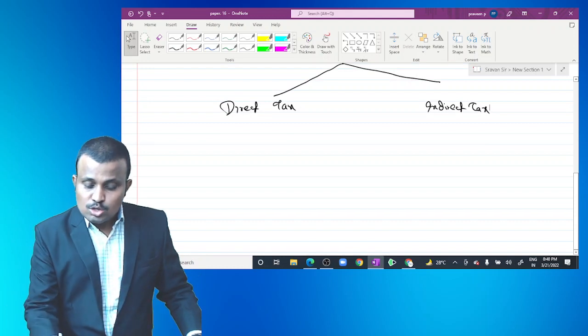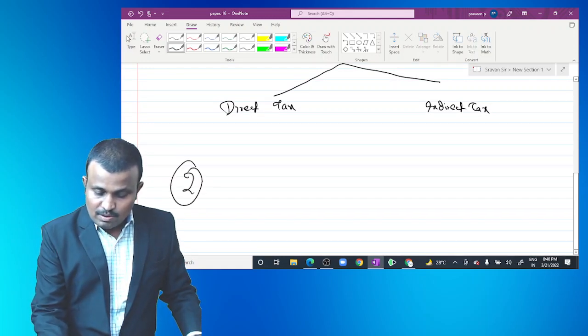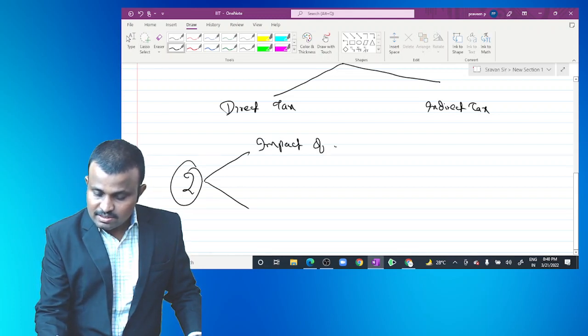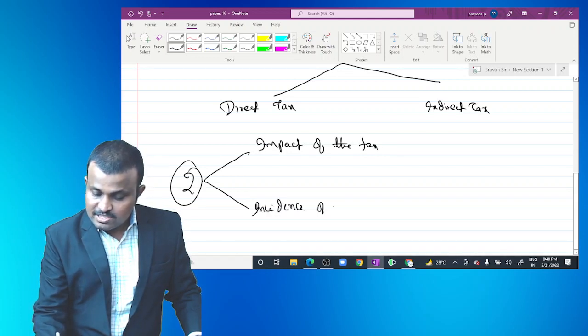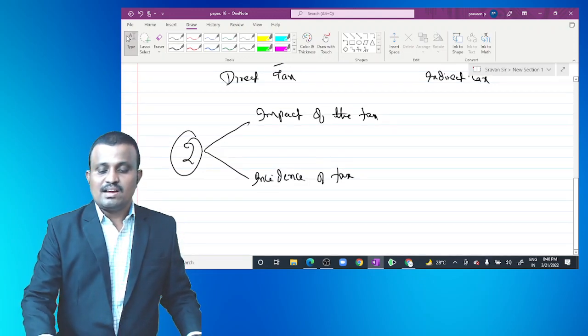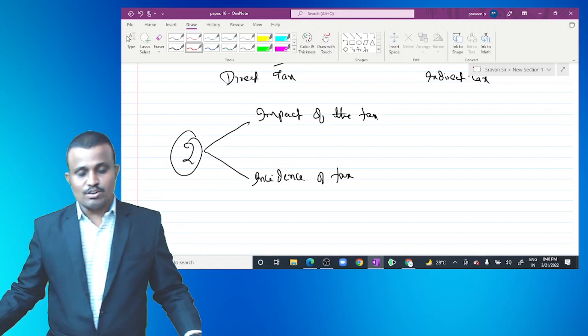Generally there are two factors. One is the impact of the tax and another one is the incidence of the tax. The first one is impact and another one is incidence of the tax.